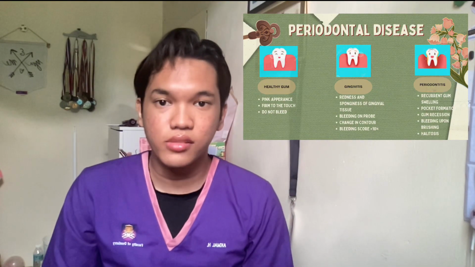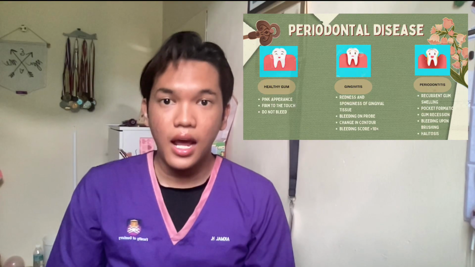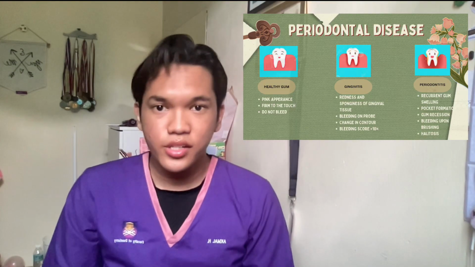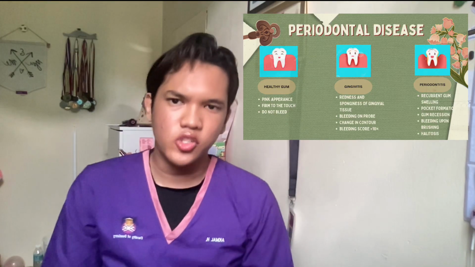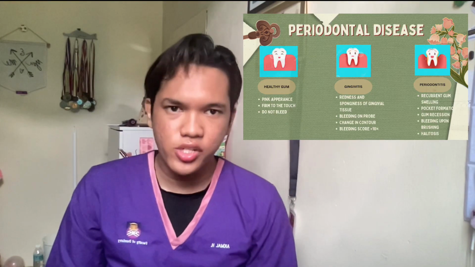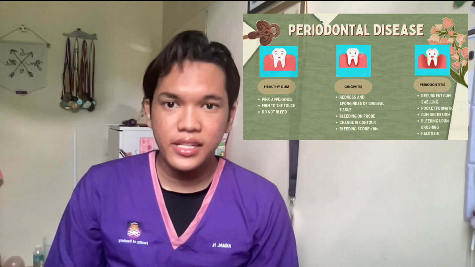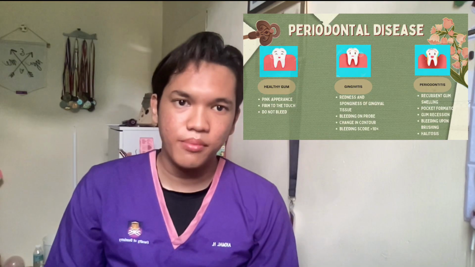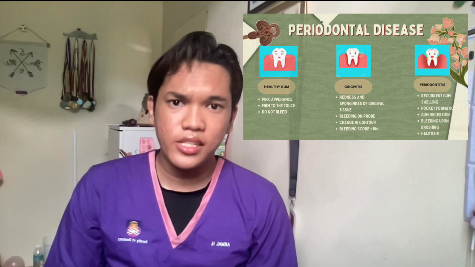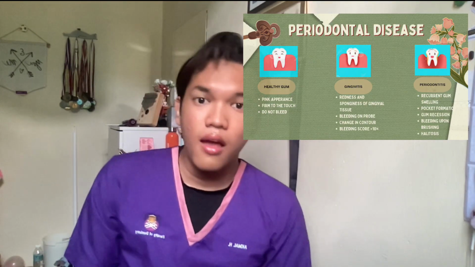It means that you need to take proper care of your oral hygiene. How to do it? Brush your teeth regularly, you must do flossing, and getting regular dental checkups can help prevent and treat gingivitis. If left untreated, gingivitis can progress to more serious gum disease, and it's important to take care of your oral health.